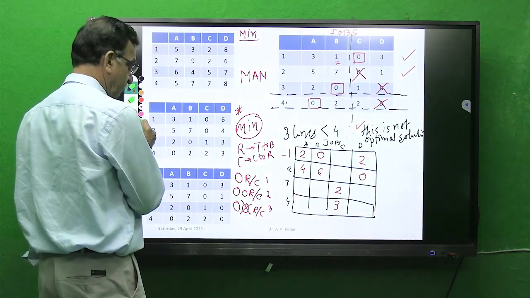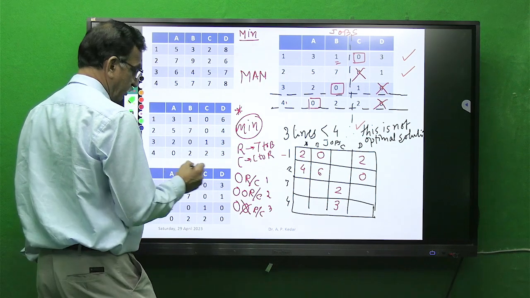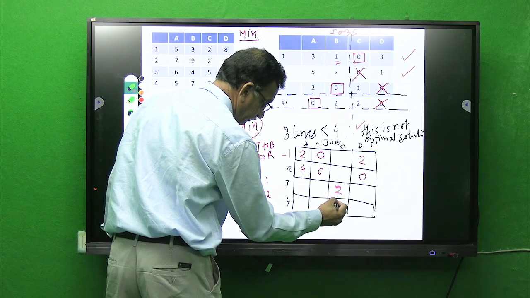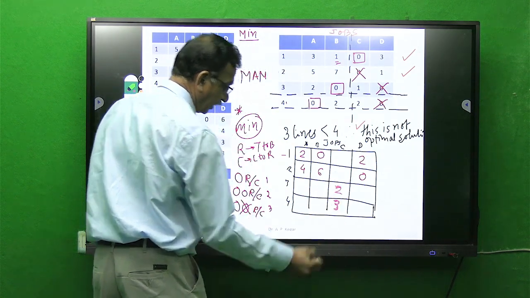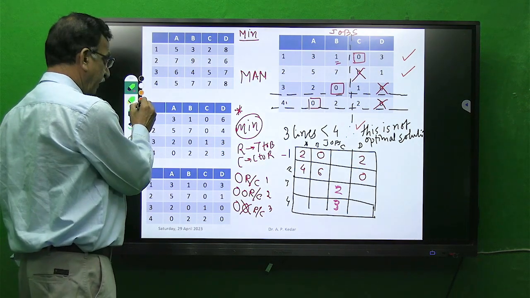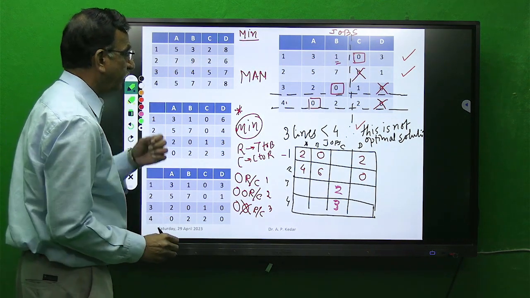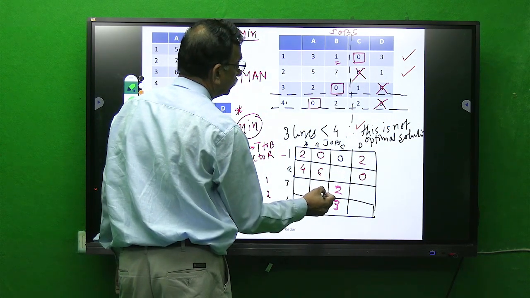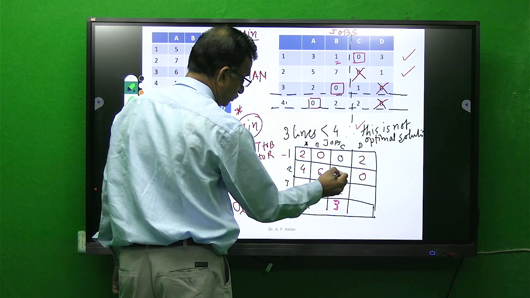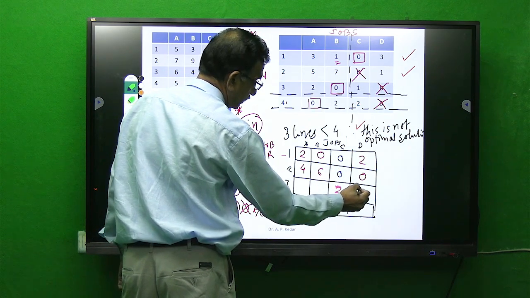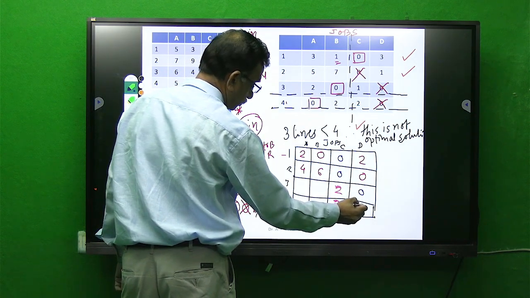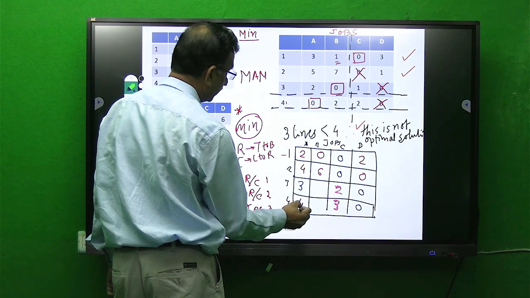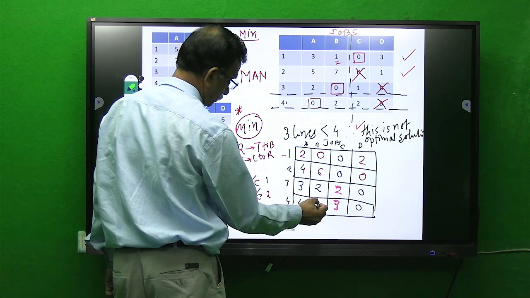Now to differentiate, for understanding purposes, I will write it in other ink to highlight, and keep other values the same because the line passes once. So this is 0, this is 0, this 0 is as it is, this 0 is as it is, this 3 will be as it is, 4 will be as it is, 2 will be as it is, 0 will be as it is.